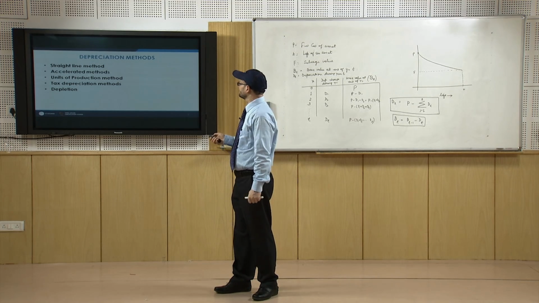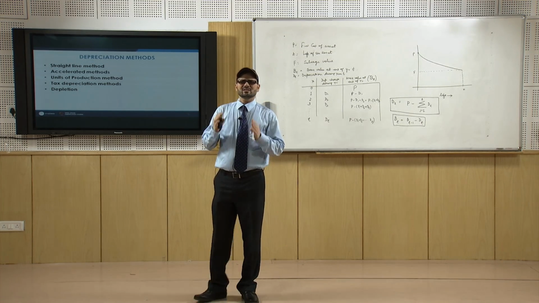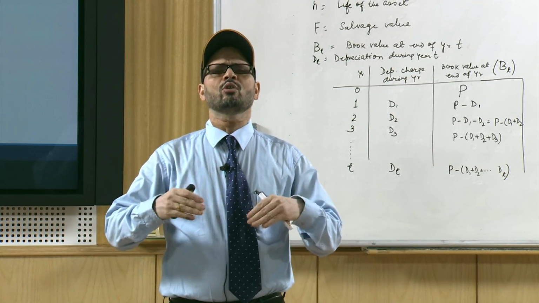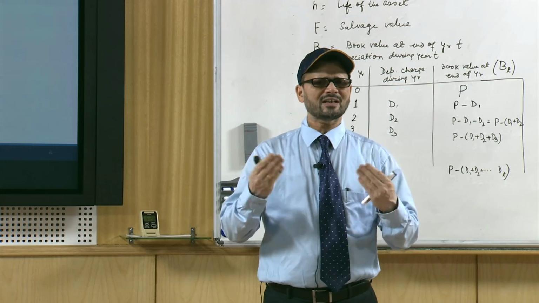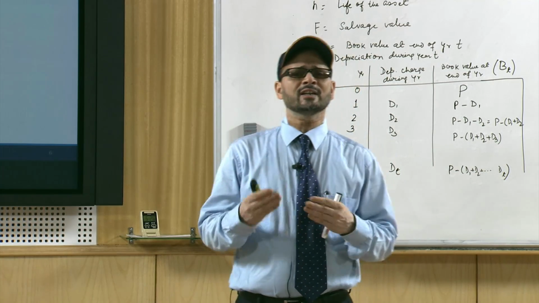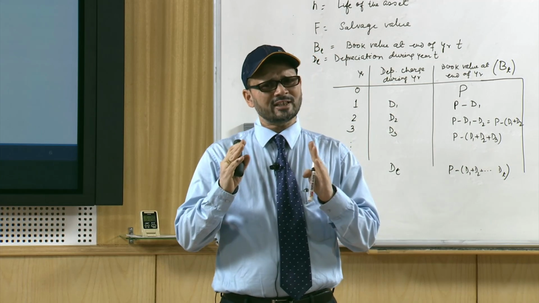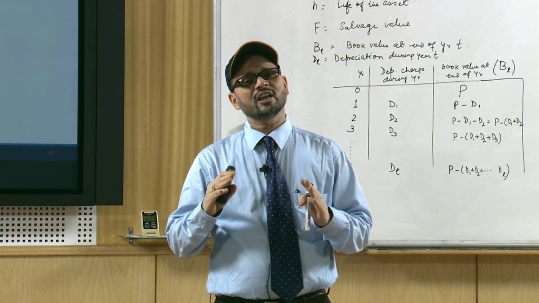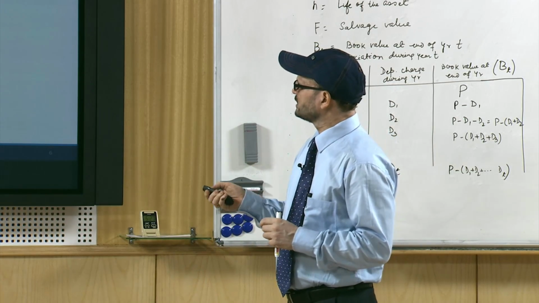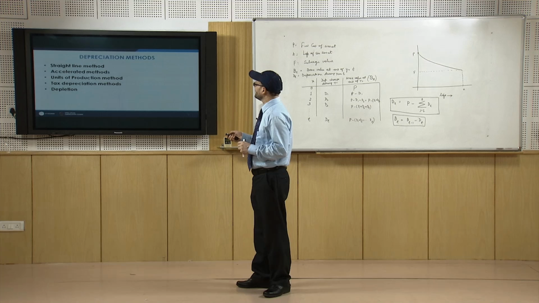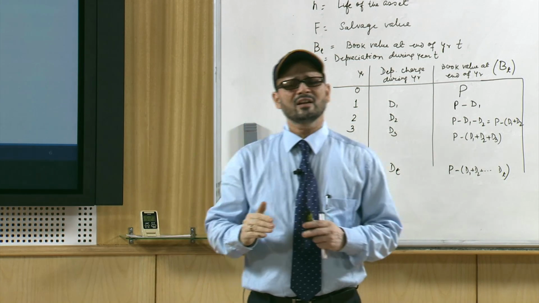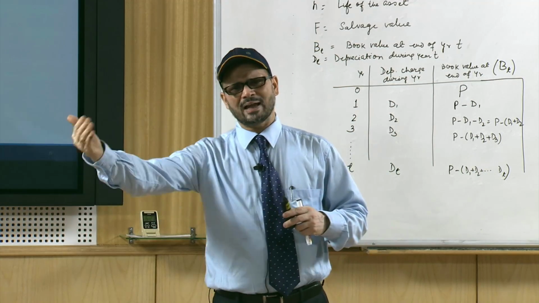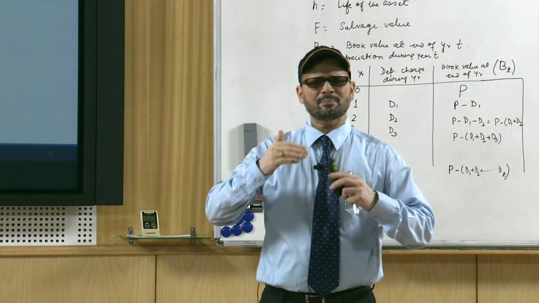Then in many cases it is assumed that the amount of depreciation should not be a constant amount. In many cases, the assets we use for our personal satisfaction or for our business to produce income, the value is decreasing at a larger rate initially. So, in those cases we use these accelerated methods. So, normally you have accelerated methods used for machines in which the depreciation during the previous year is more, and as we go ahead in time, the depreciation amount decreases.